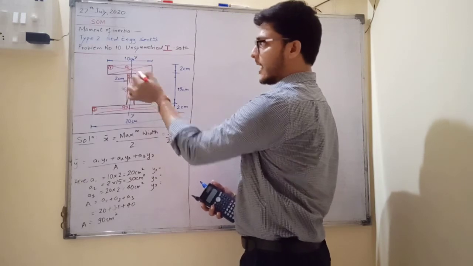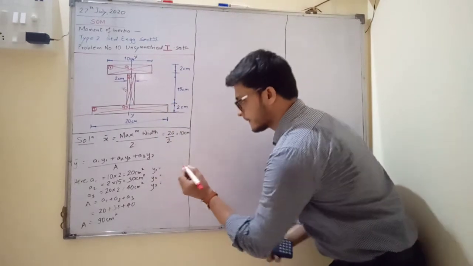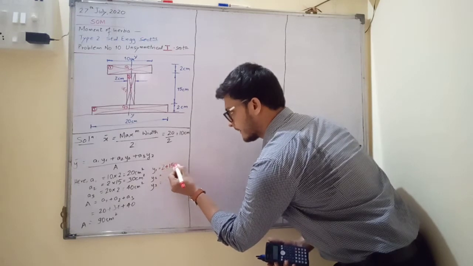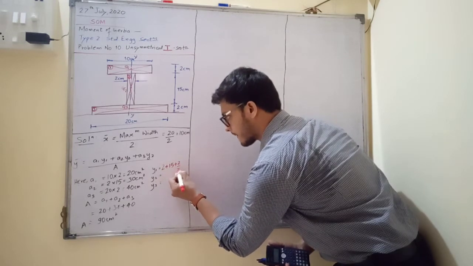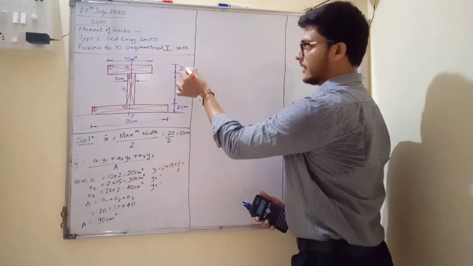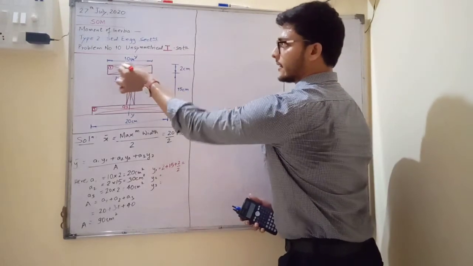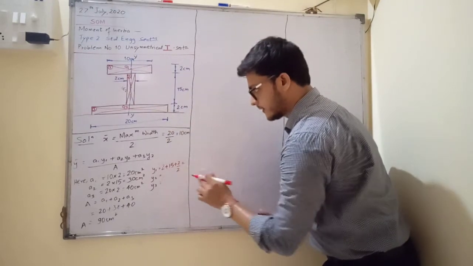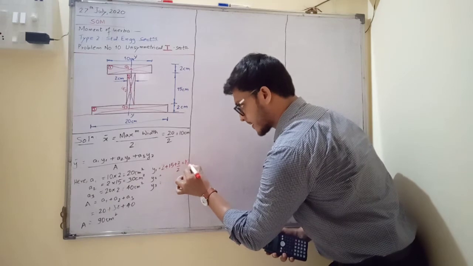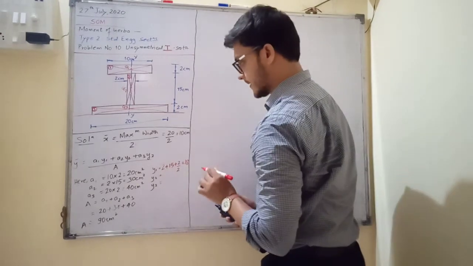So y1 is 2 plus 15 plus 2 by 2, which is 17 plus 1, 18 centimeter.